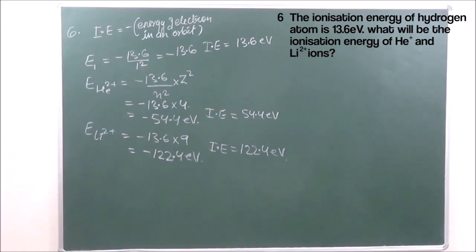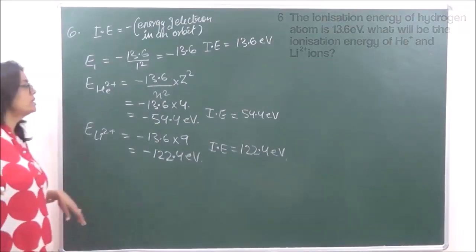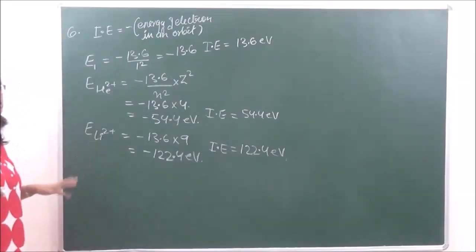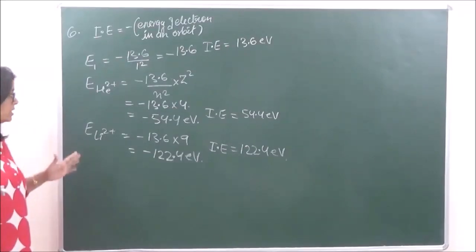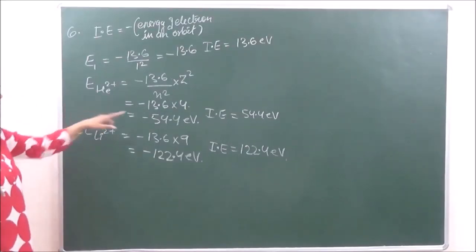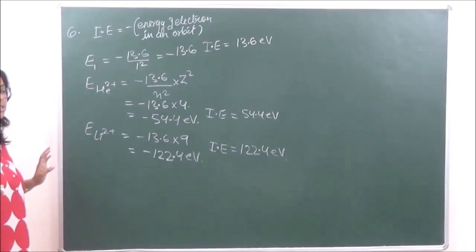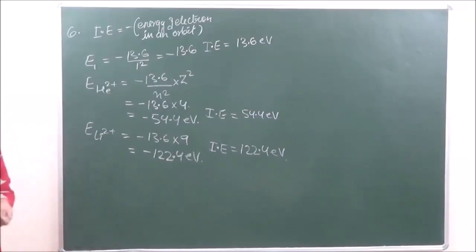Have you understood? So to calculate the ionization energies, we only have to change the sign. We calculate the energies first by this method and then change the sign. Ionization energies are going to be positive. Okay, then let's go on to question number 7.